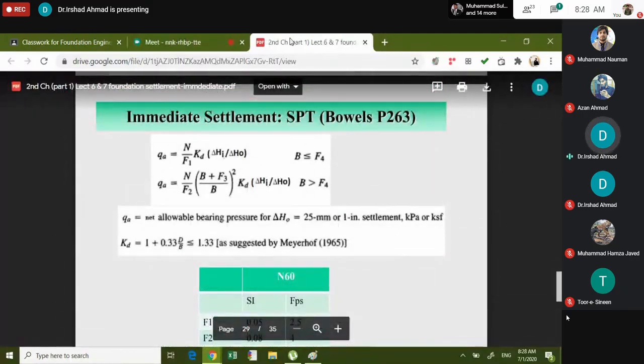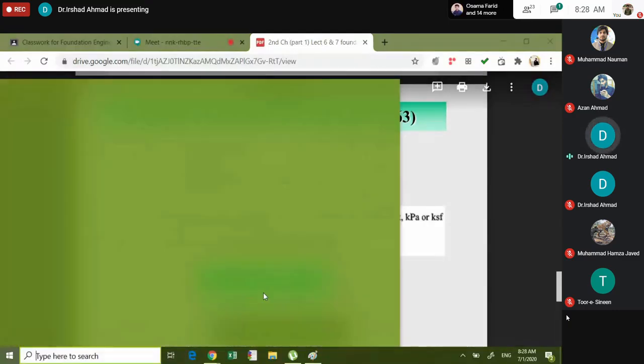SPT से immediate settlement. How to find immediate settlement from SPT count? These are the equation, but I am gonna copy it in the paintbrush.